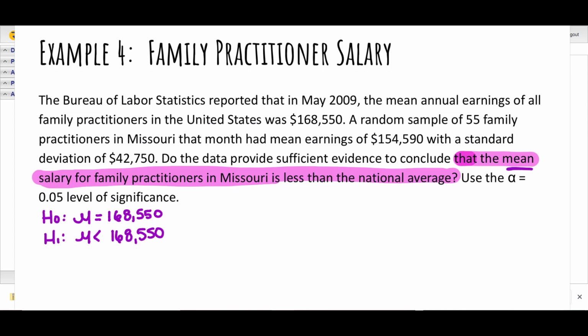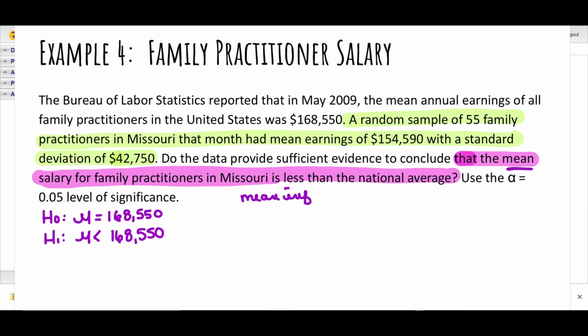Now, we are going to do a mean inference. And because we're doing a mean inference, we need to decide whether to use a z or a t, and that has to do with the type of standard deviation that they give us. So let's locate the standard deviation. It's right here. So let's read the sentence that it's in. A random sample of 55 family practitioners in Missouri that month had a mean earnings of 154,590 with a standard deviation of 42,750.